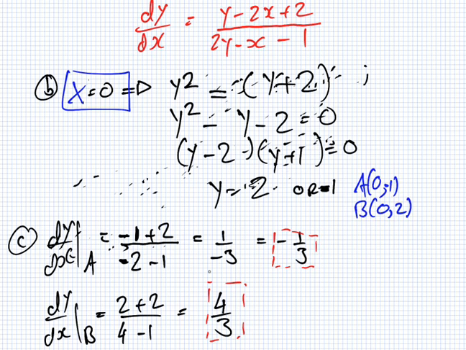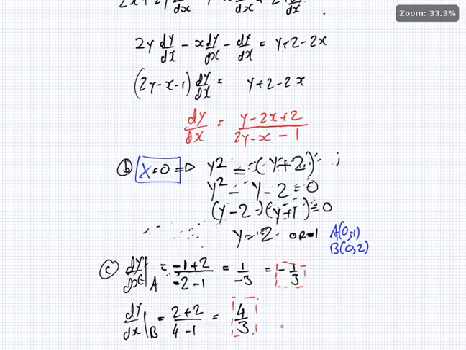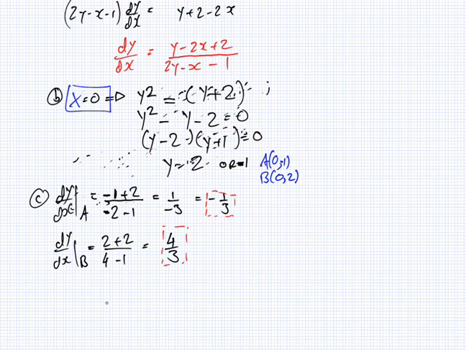Okay? So if I want to find locations where the slope is undefined, what do I need to solve? Yeah, that's it. The denominator here should be 0.